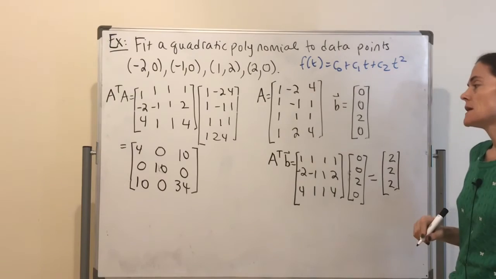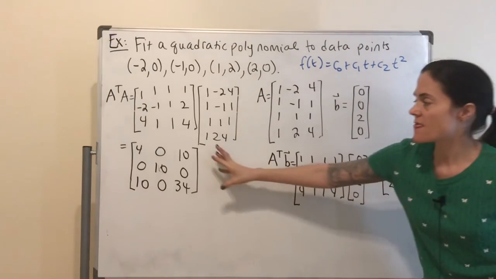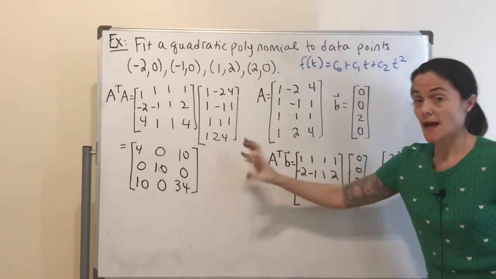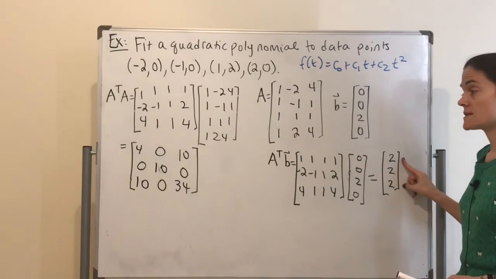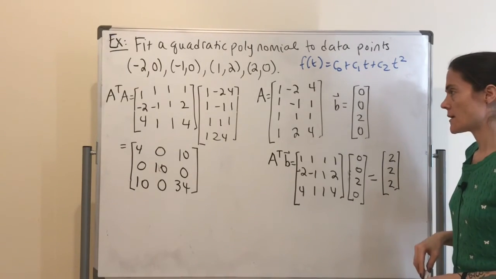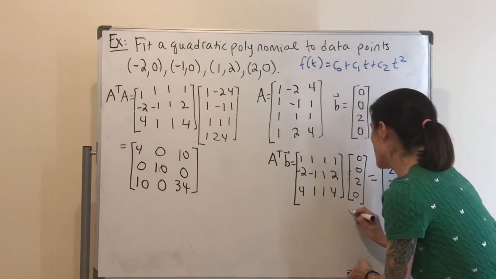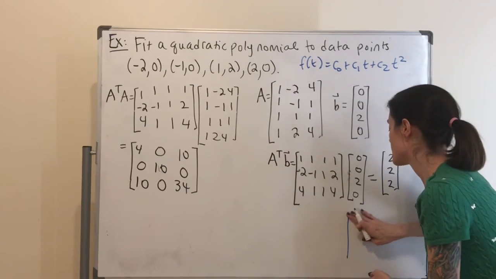Okay. Now, so our normal equation is this matrix times x equals this vector, right? Should I write that somewhere? Maybe I will. I'll write it in the corner and then I'll be able to erase some things.